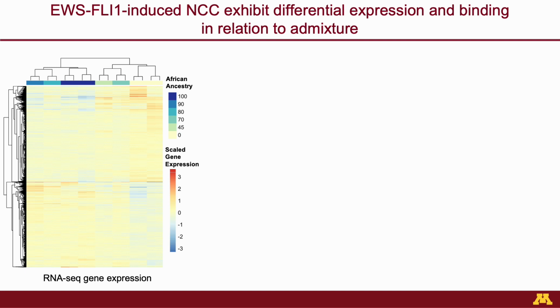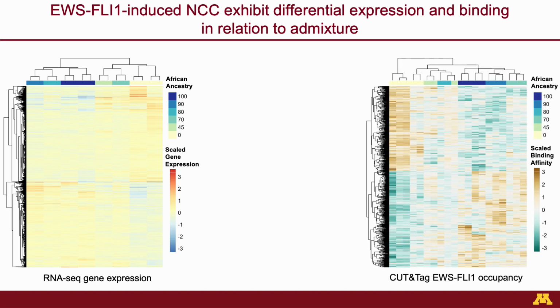After establishing the similarity of our model to other Ewing studies, we proceeded to look at the differential expression that corresponds to degree of admixture. We identified about 3,000 genes that are differentially expressed based on the degree of admixture. Similarly, we looked at EWS-FLI1 occupancy in the genome that has differential binding based on percentage of African ancestry. Out of a total of 3,000 loci with EWS-FLI1 peaks, over 600 of these actually show differential binding in relation to percentage of African ancestry, and that maps to about 300 unique genes.